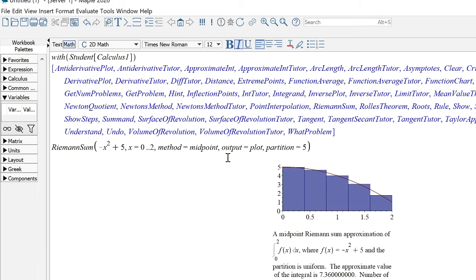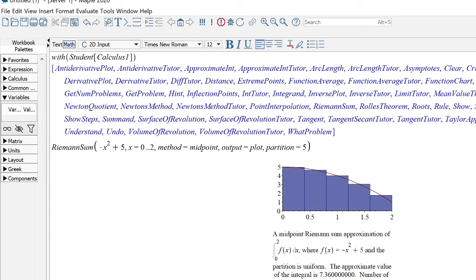Now, if we increase the number of partitions, which is the reason why I wanted to use Maple, so that it looks better. We used 5 partitions for this. Now, what if I use 10? If I use 10 partitions, notice that now my estimation went up to 6.92, and the underestimation is much smaller than before.